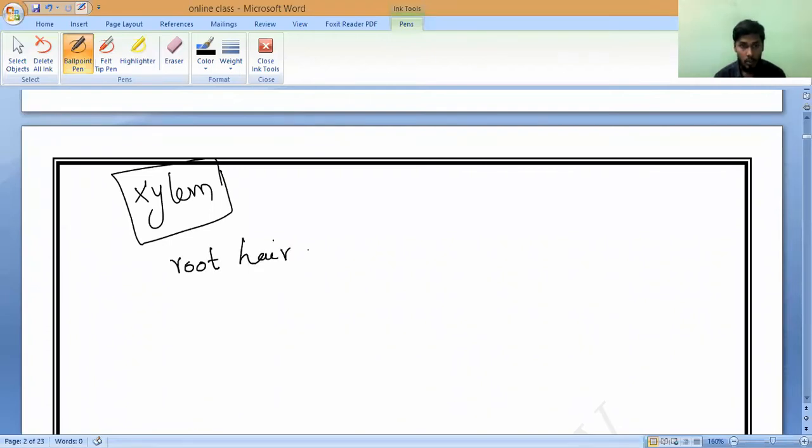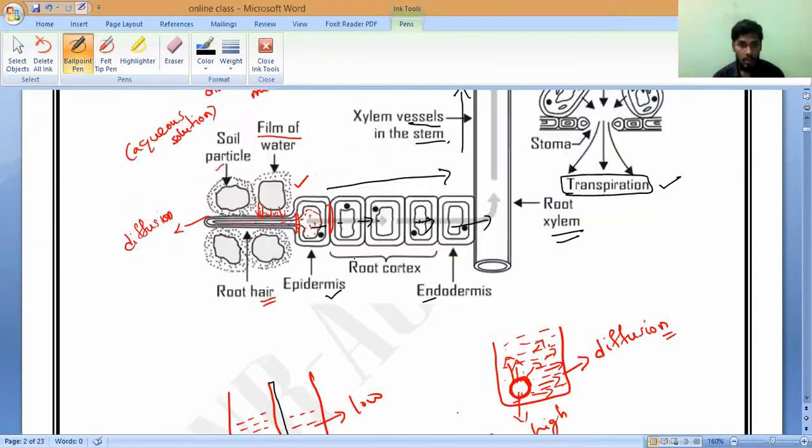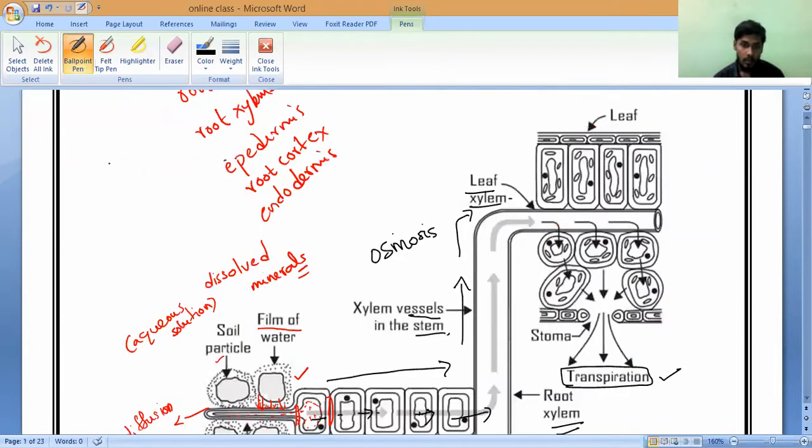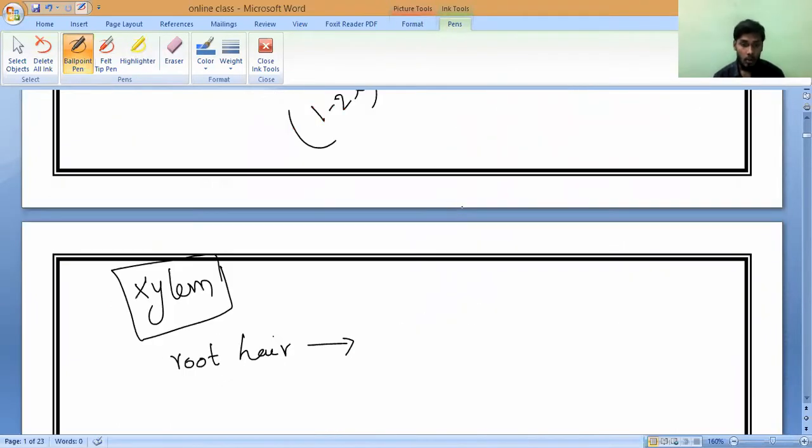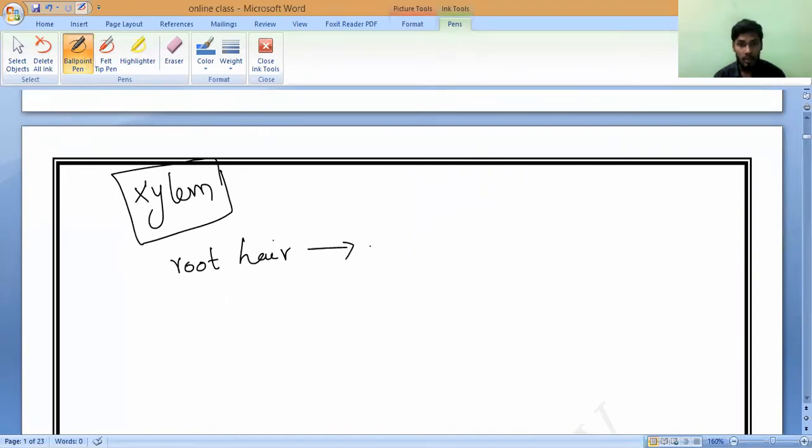Root hair, then immediately what? Epidermis. From the root hair to the root xylem, it goes through the epidermis, root cortex, and endodermis. So the path is root hair, epidermis, root cortex, endodermis.